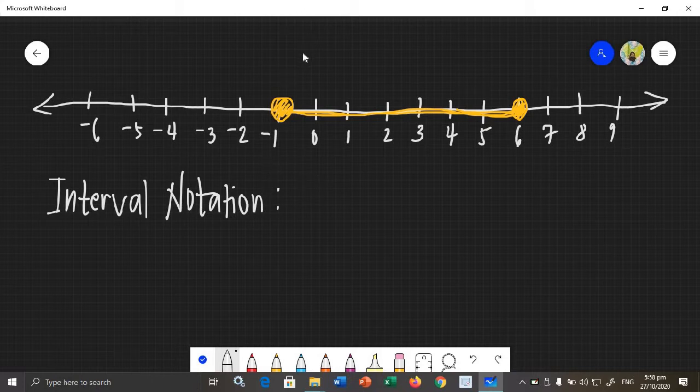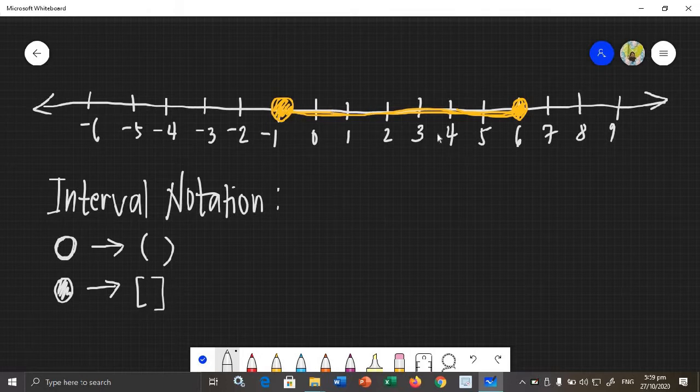When the circle on the number line is open, the interval notation you use is parentheses. When the circle is closed or shaded, the interval notation you use is brackets.